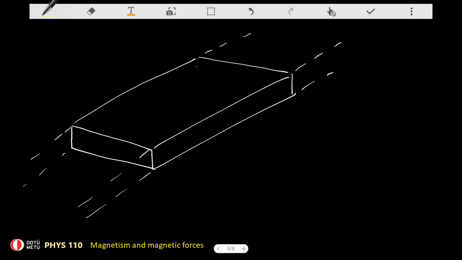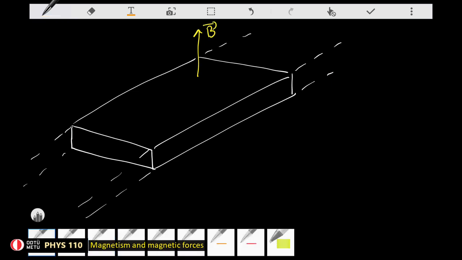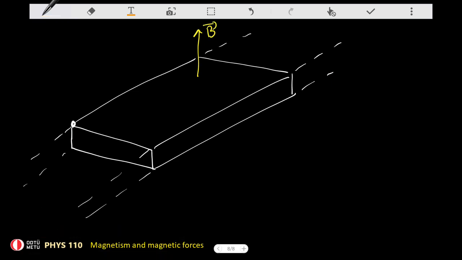So there's a magnetic field in here, right? There's a magnetic field B, and I just choose these points in here, the point A on that side and the point B on this side. What we are saying is that this V_BA potential difference, this is the Hall potential, is non-zero, and it depends on the existence of the magnetic field.